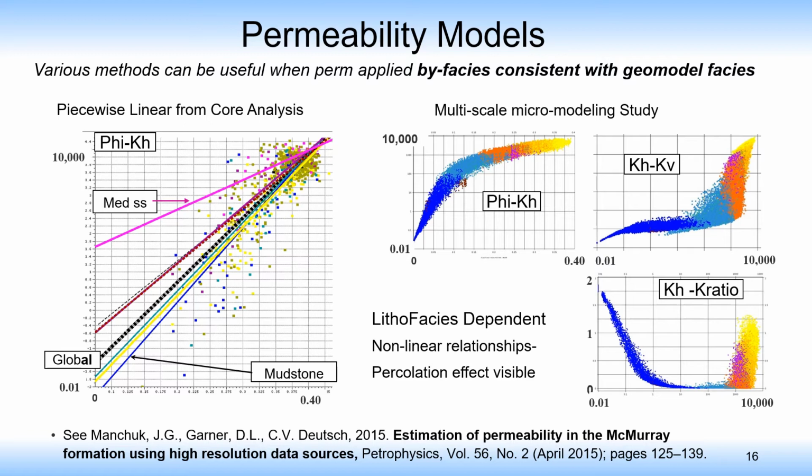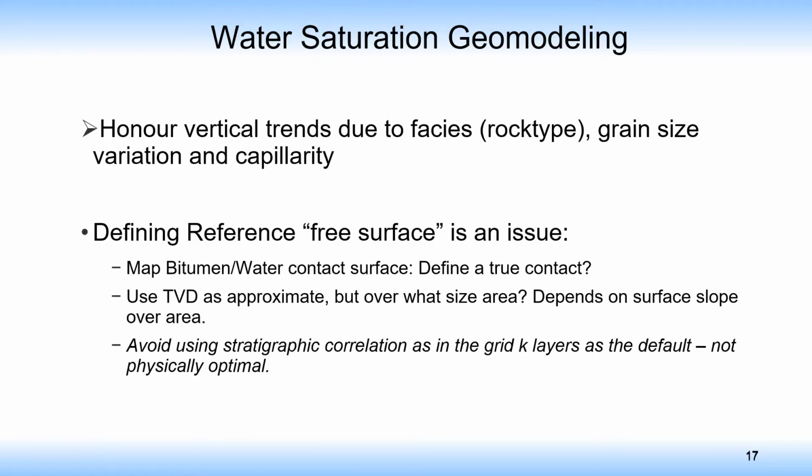So this shows a very strong percolation effect in the vertical, which we capture through some more detailed studies. And these ideas can be applied back, if you've got this model. This is all dependent on the breakdown of the facies you're using, which is why I emphasize that as an important consideration as well. So then that's permeability.